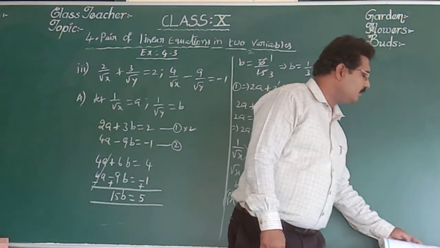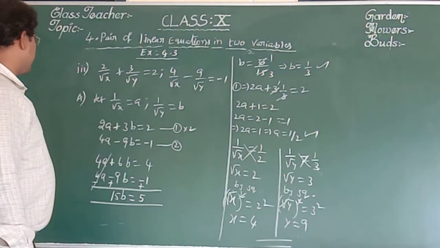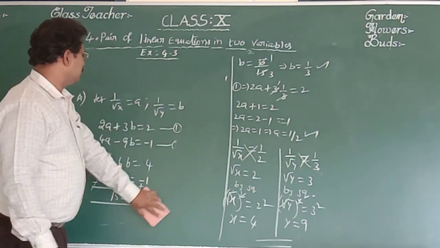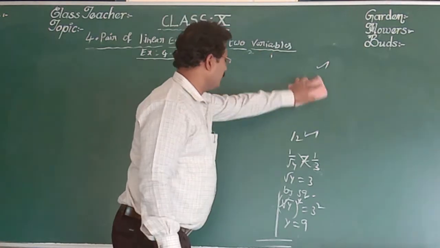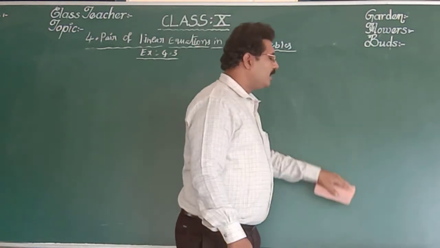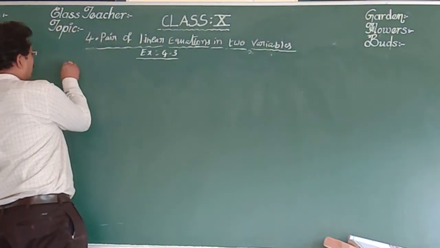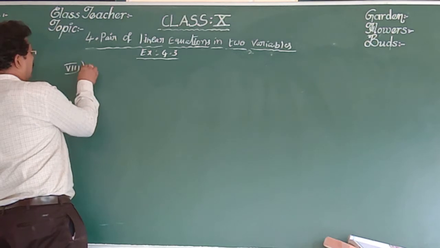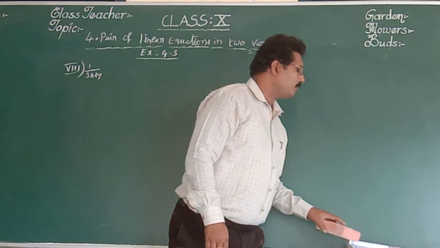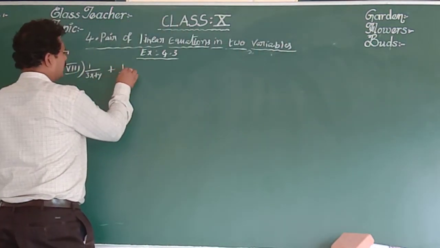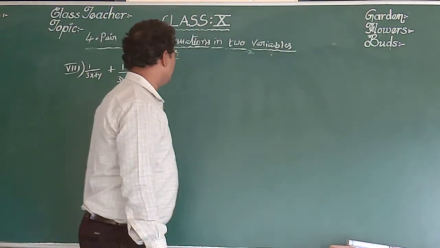So, again I will do one last problem here, that is a big problem. One more problem: 1 by 3x plus y, plus 1 by 3x minus y, is equal to 3 by 4.